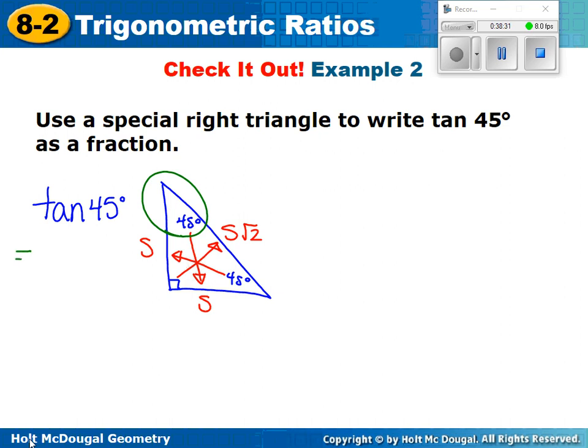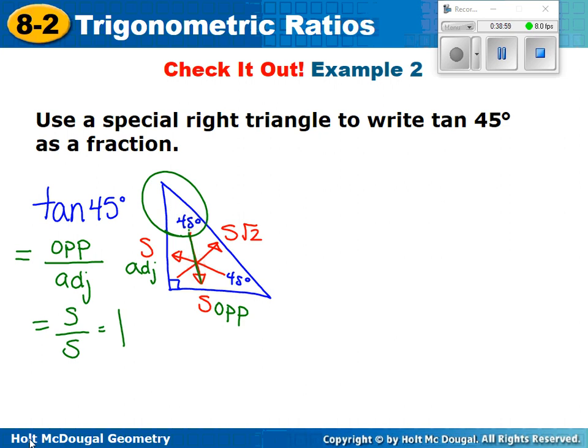What is the tangent equal to? Opposite over adjacent. What's the opposite of this 45-degree angle? S. What's the adjacent to this 45-degree angle? S. And so when we plug that in, S divided by S is just 1.